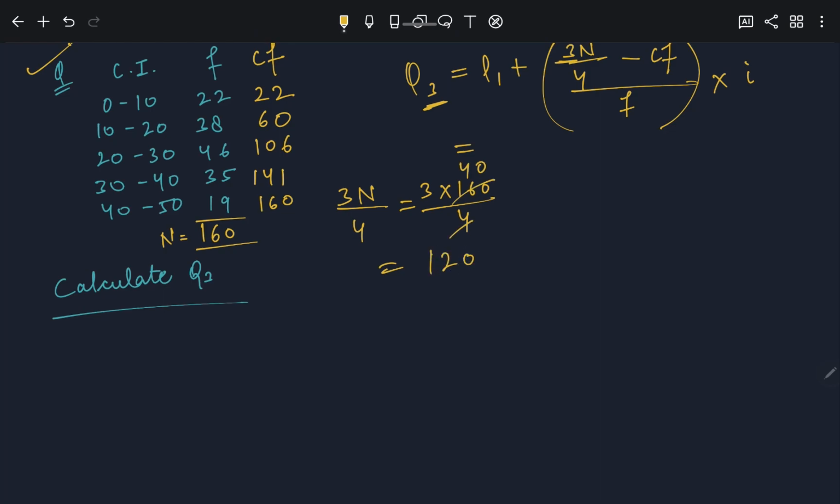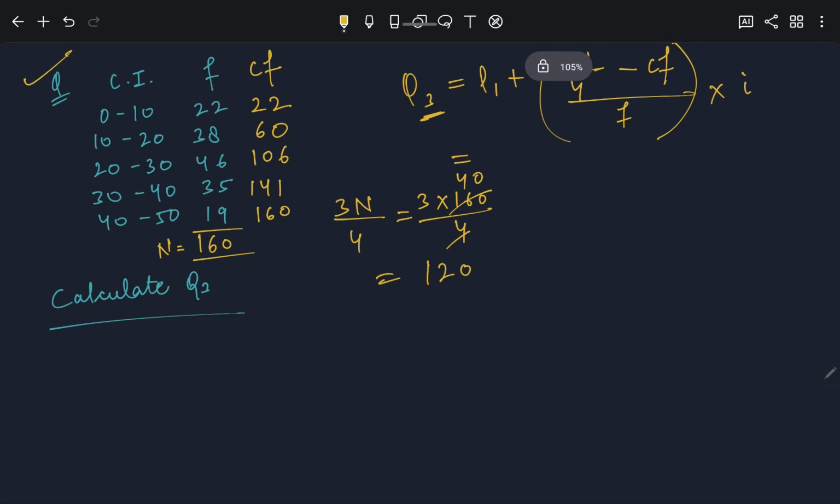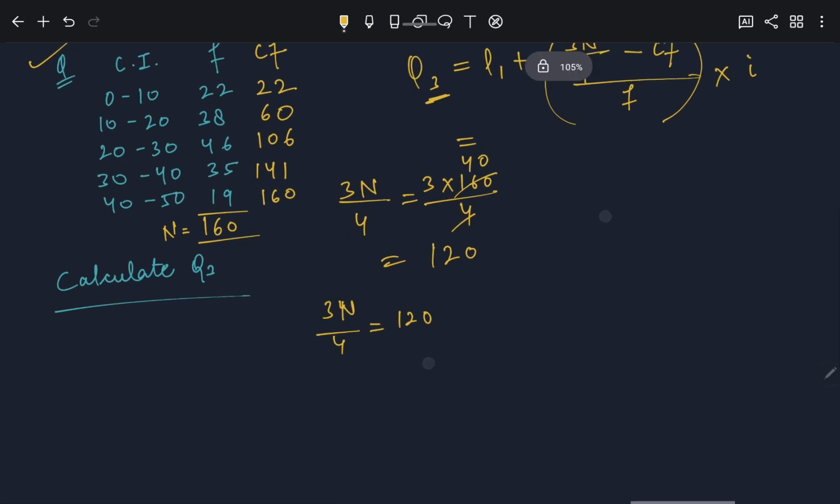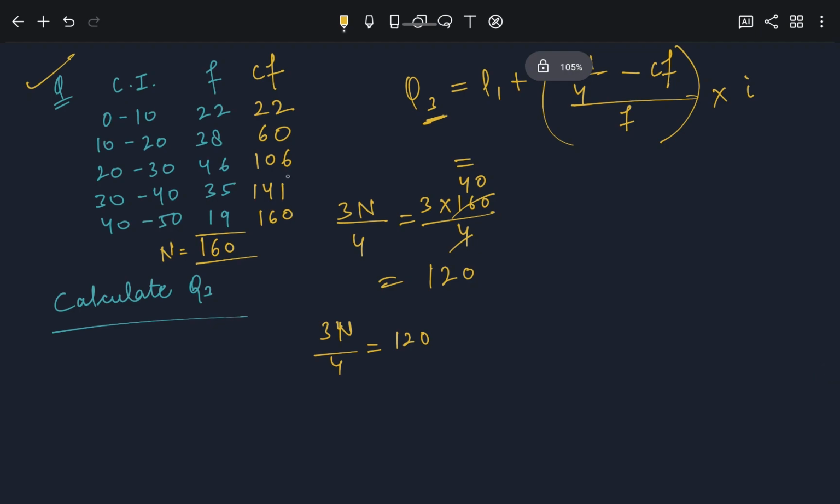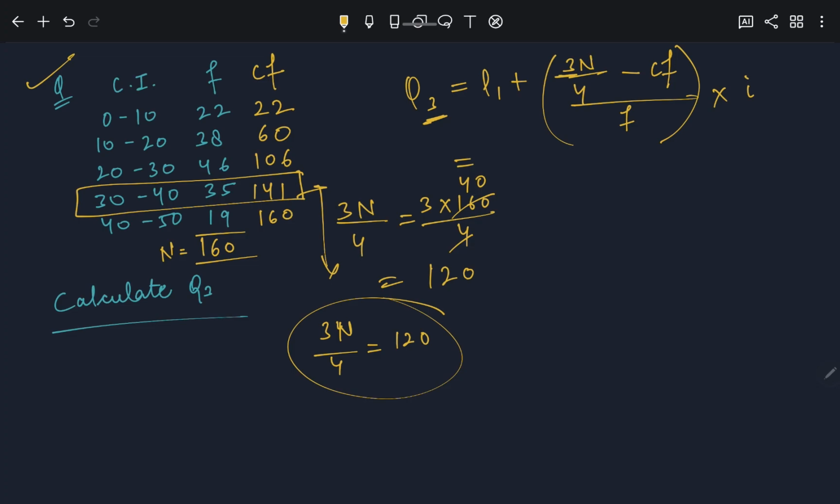So now we know that our 3n by 4 is 120. And 120 lies in which class interval? It is 141, because the greater cumulative frequency is 141. So we'll take this class.